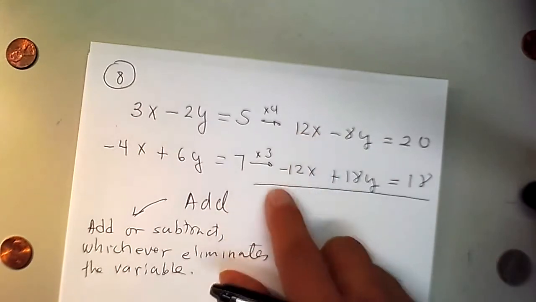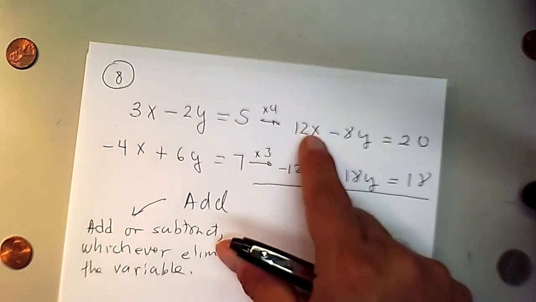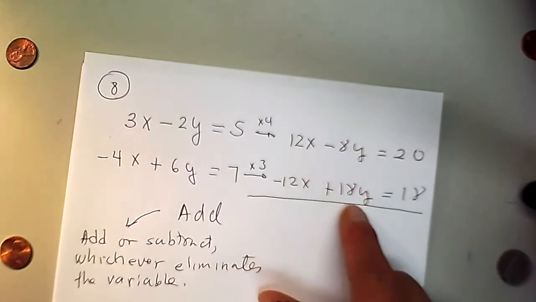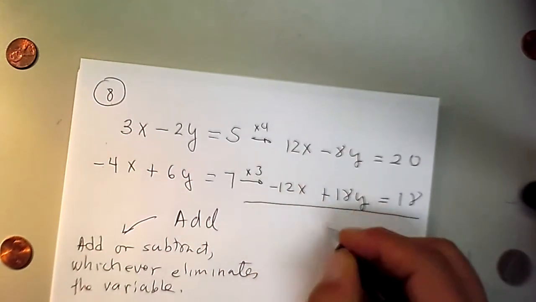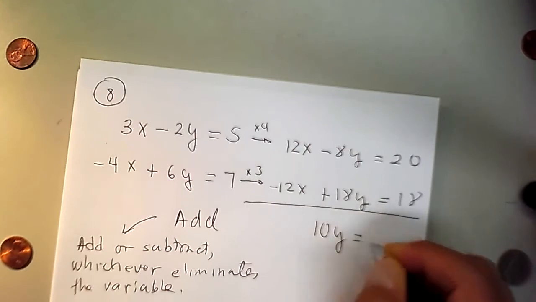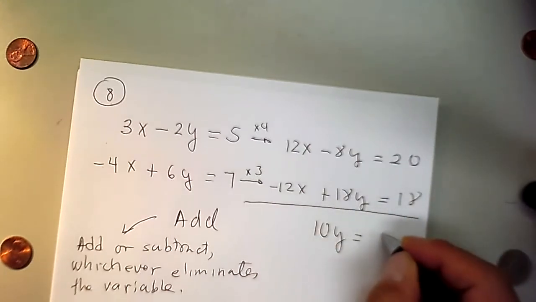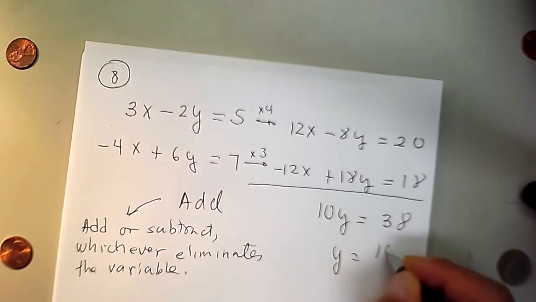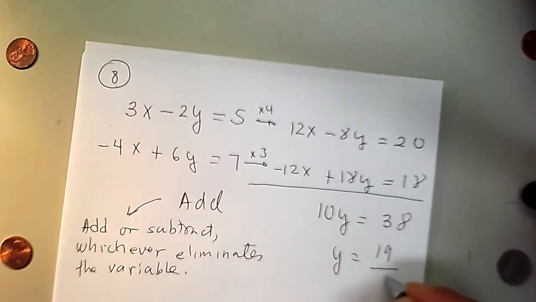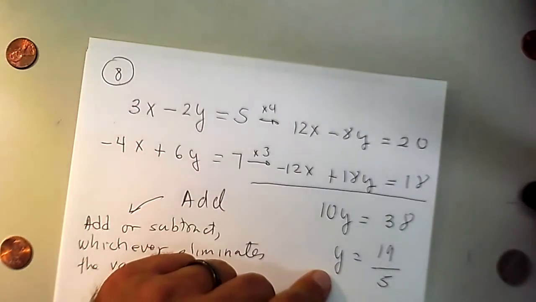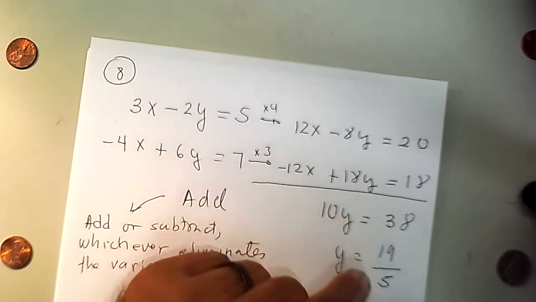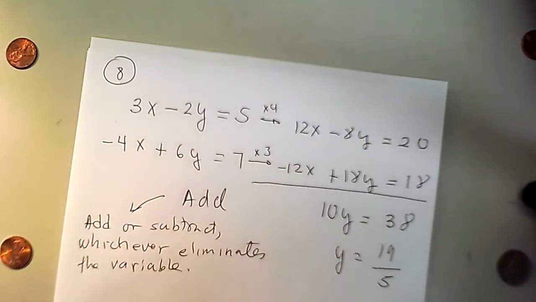So adding those two means 0 because 12 is positive and this other one is negative. Adding those two is going to give us 10. Adding those two is going to give us 38. So y will be 19 over 5. I know that threw you off, I bet, because I didn't tell you that after doing 38 over 10, I simplified the 2's.